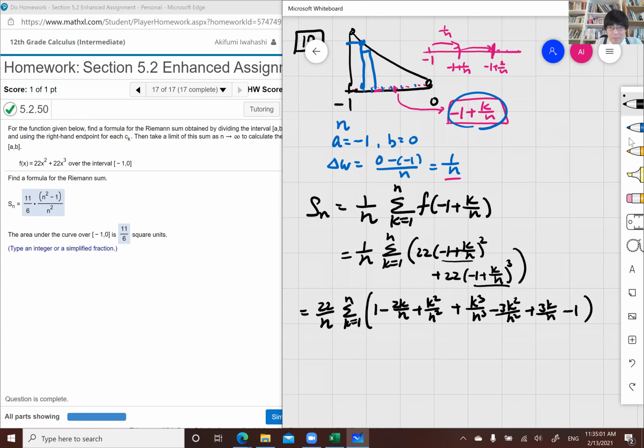Okay. Let's combine like terms. This is the only cubic term. Here's the quadratic term. And here's the linear term.